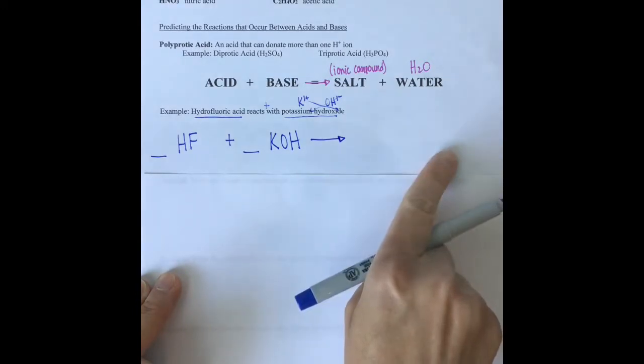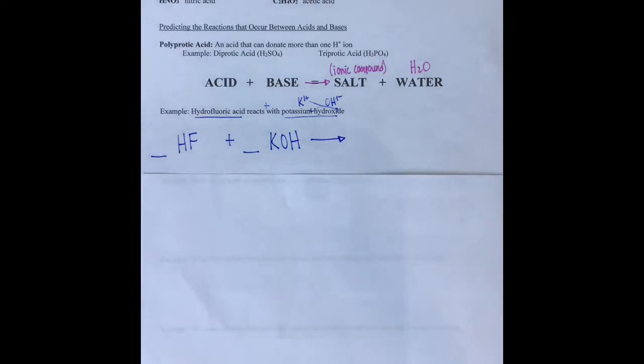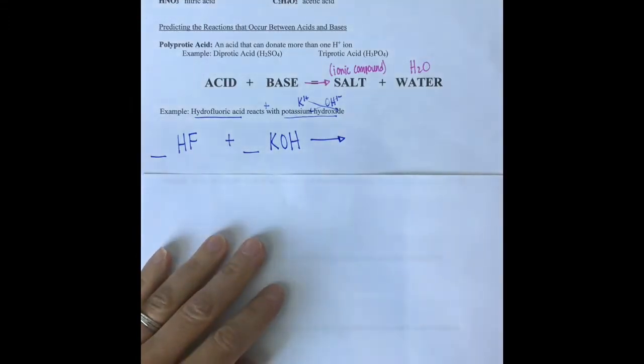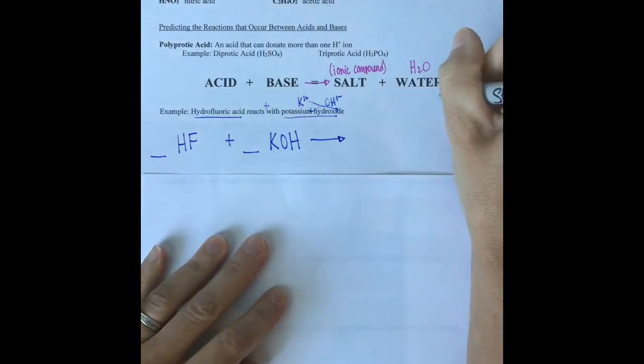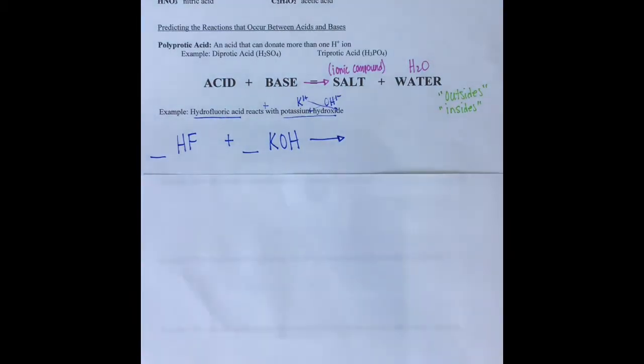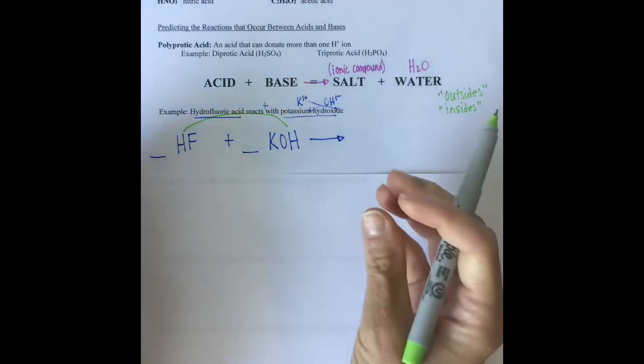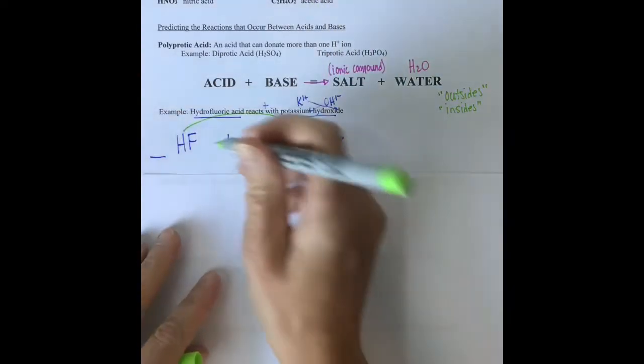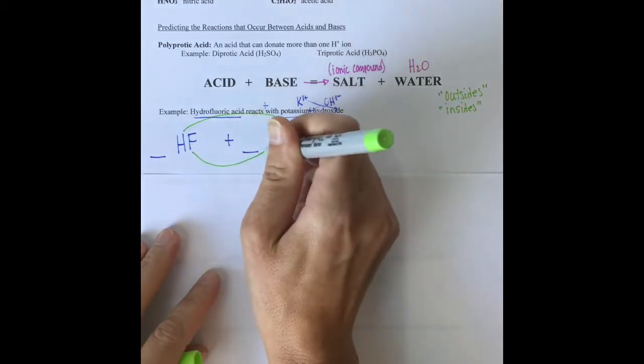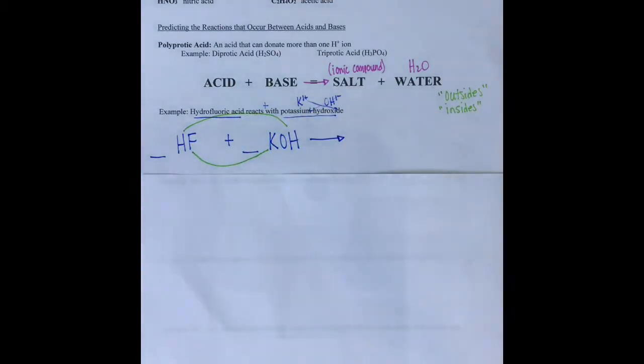Now, how do we get these? The trick that I've always used, and it really works, is to say to myself, outsides, insides. So what that means is you're going to take the ions on the outside and they're going to become partners, and the insides will become partners in our new arrangement.